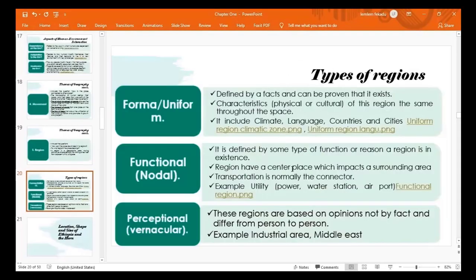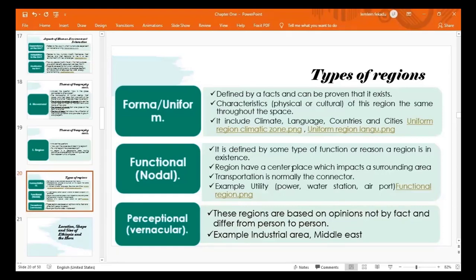There are three types of region: the formal region or uniform region, the functional or nodal region, and the perceptual or vernacular region. Formal regions are defined by facts and can be proven to exist. The characteristics of a formal region are the same throughout the space.